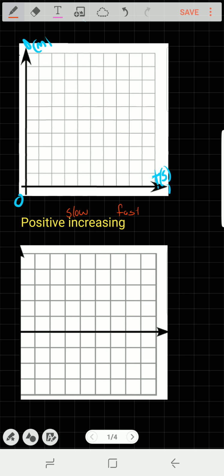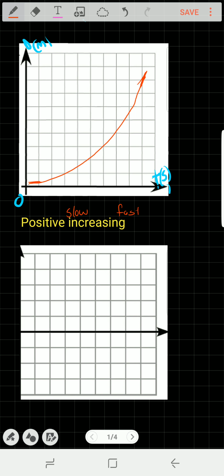So what I recommend you do is create a slow line. And what's the slowest possible line on a distance versus time graph? Well, that's a speed of 0. Slow, and then show a sharp angle at the end over time. And then just connect those. That's not a very good connection, but there it is. So if you ever see it curve up from left to right, that's going to be a positive increasing.